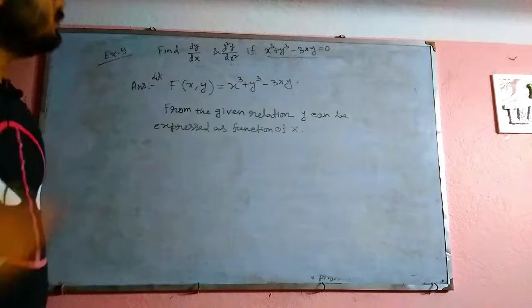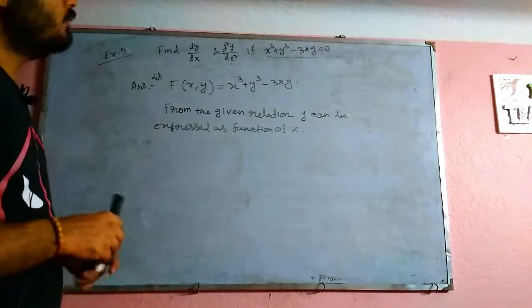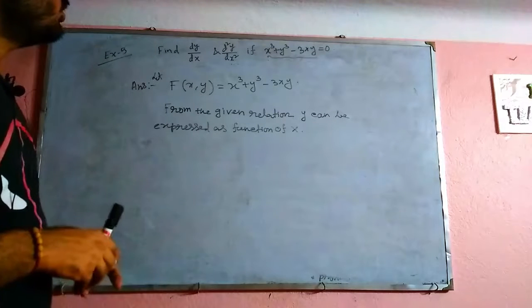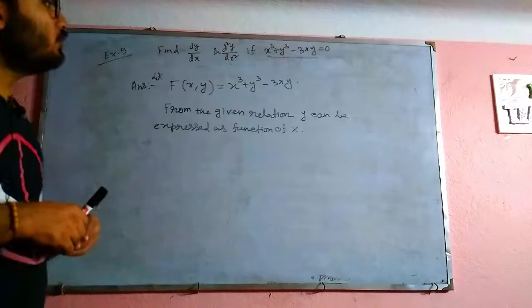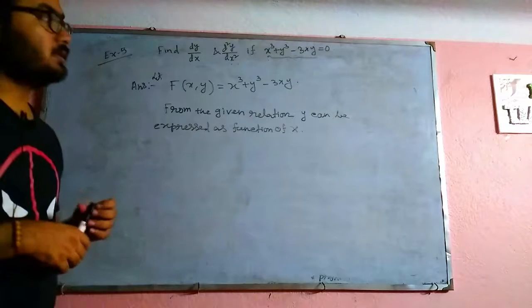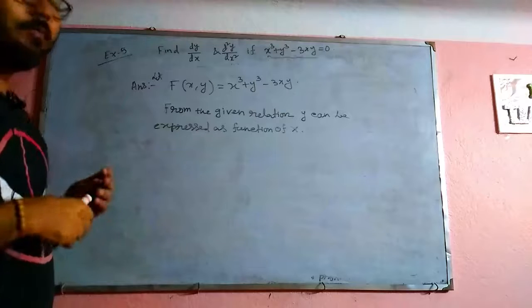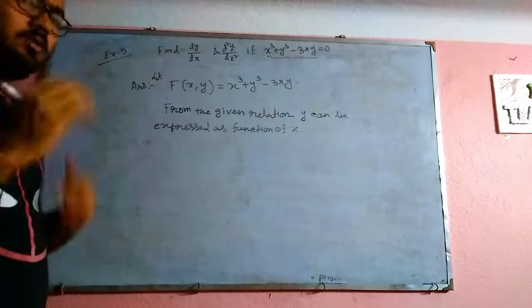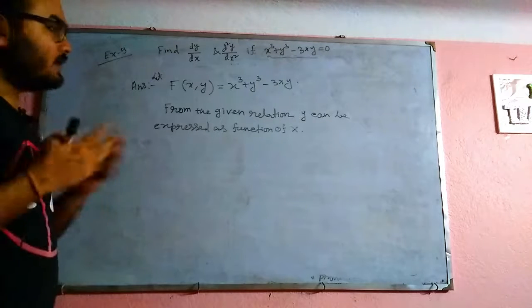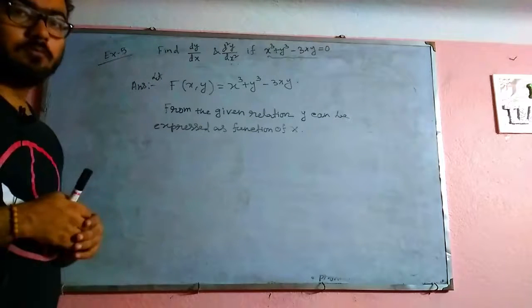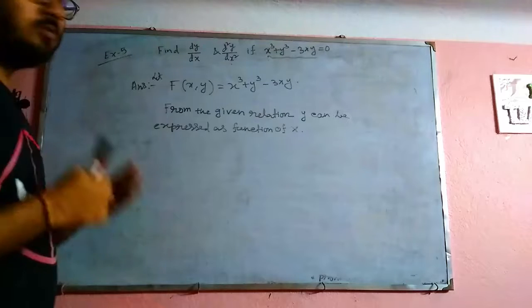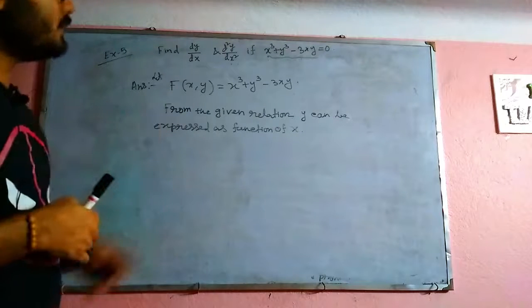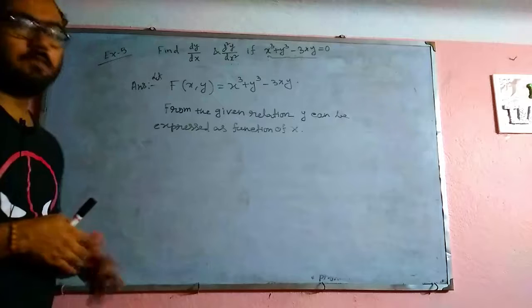See, if you try to express y as a function of x, then you will face some difficulties. That is why we have to avoid those steps and just do the problem. So from the given relation, y can be expressed as a function of x.